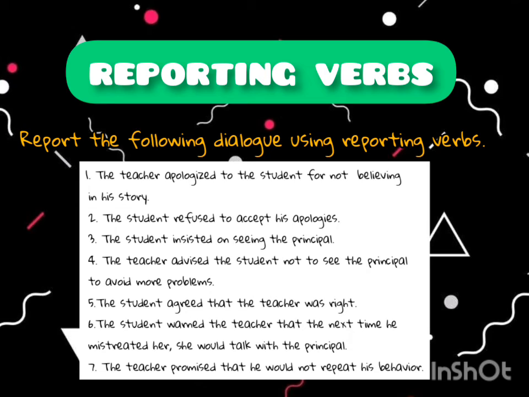The student agreed that the teacher was right. The student warned him that the next time he mistreated her, she would talk with the principal. The teacher promised the student he would not repeat his behavior. Please at this point also remember that the rules of backshift must be respected for verb tenses and also for the modal verbs that you find.